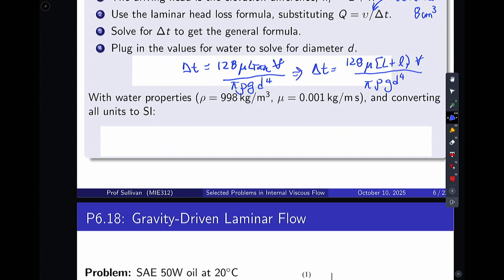So all I'm doing is saying the Q of this is just going to be a volumetric flow rate that is going to be determined from all of the properties that I have.